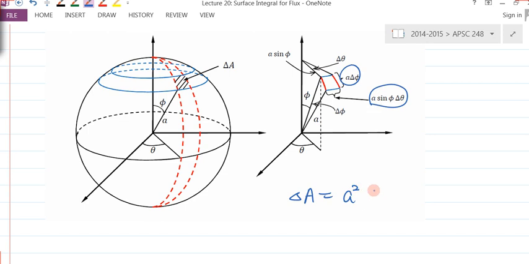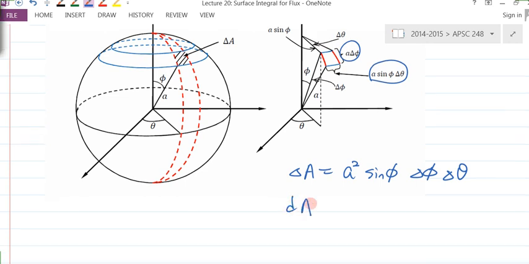You get A squared sine phi delta phi delta theta. Okay? That's delta A. Then what is dA then? Does that make sense? That's dA.